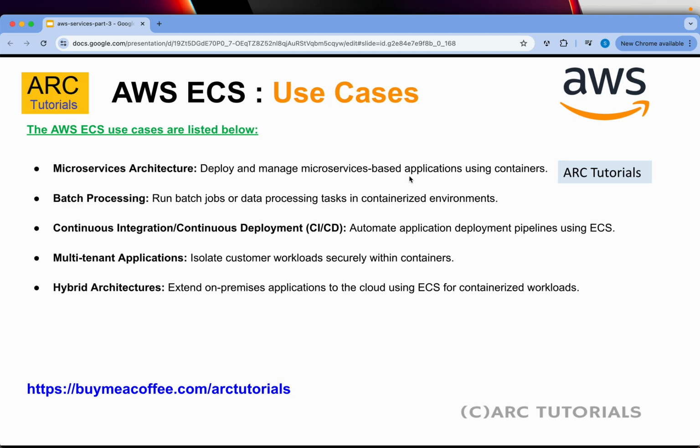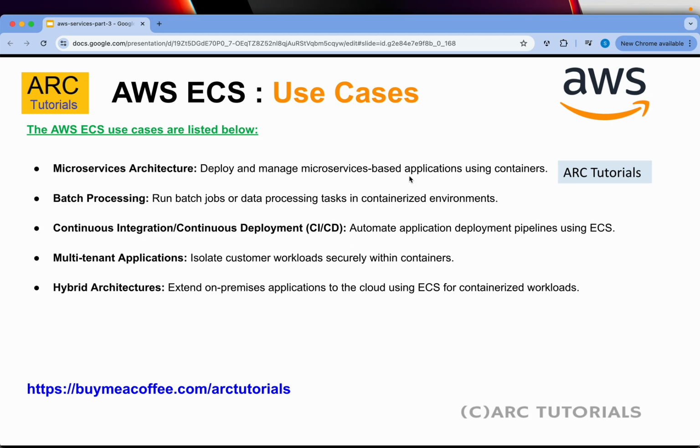What are some of the use cases? Obvious use cases: deploying microservices architecture, which is huge when you are talking about deploying Docker containers. Batch processing, when you have a lot of huge batch jobs running or data processing tasks, you can distribute them in containerized environments. CI/CD pipelines, obviously you can automate your entire deployment pipelines using ECS.